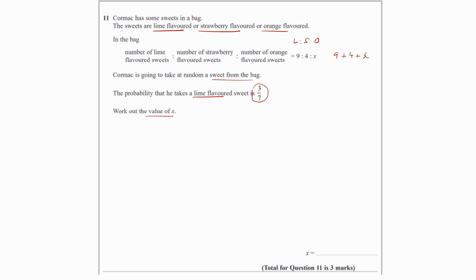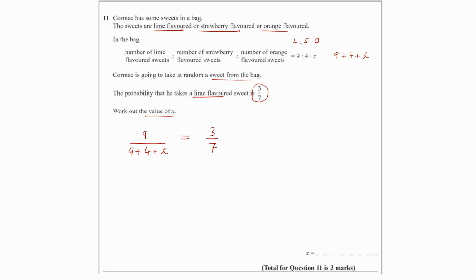Right, well, if we've got our total, it's 9 plus 4 plus X, and then taking a lime sweet is going to be 9 out of 9 plus 4 plus X. So that probability equals 3/7.